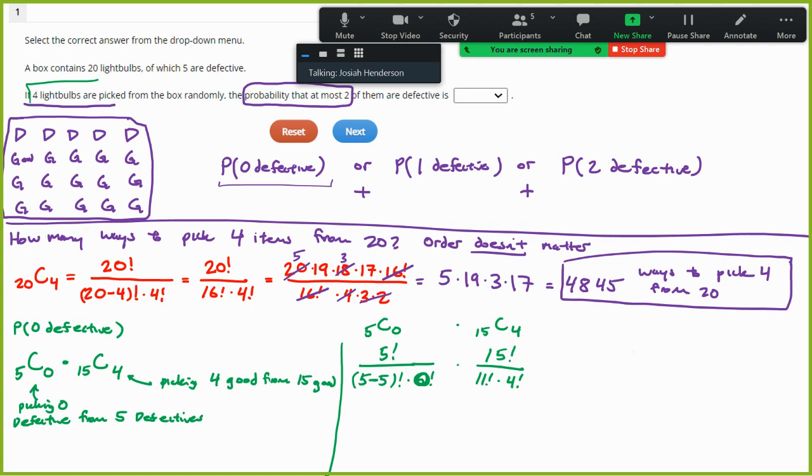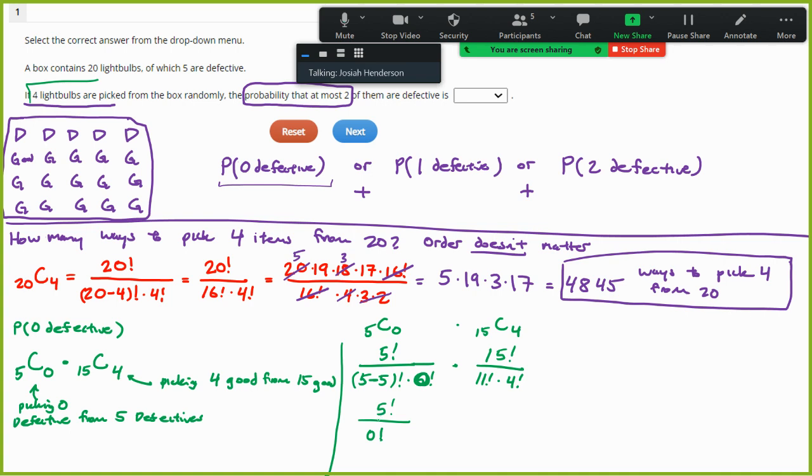Okay. So the one on the left. This one is going to turn into like 1, I think. 5 factorial on the top over 5 minus 5 is 0 times the 0 next to it. So basically that whole denominator turns into 1, and we're left with 5 factorial, which is... Wait a minute. Did I do something wrong?